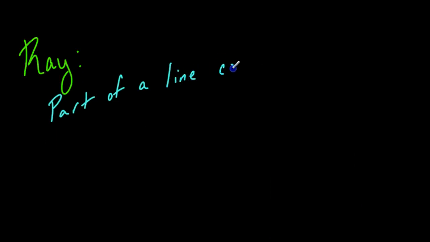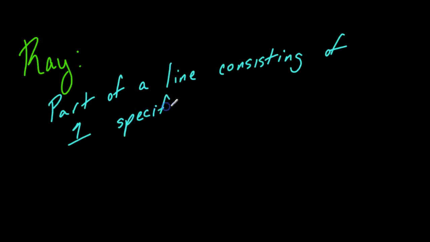Alright, the next thing we're going to get into is a ray. Now a ray, similar to a segment, it's a part of a line, but this time it consists of one endpoint. So a segment had two specific endpoints, a ray only has one specific endpoint.